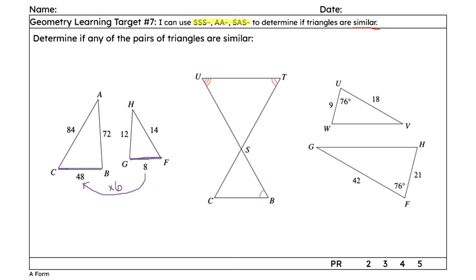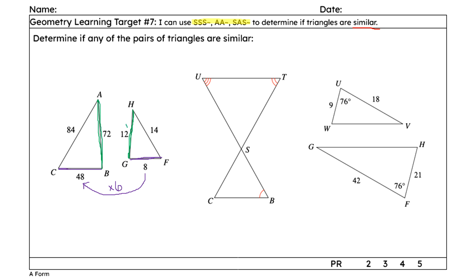I need to make sure that both other pairs of sides, the medium ones and the big ones, also follow that same scale factor of 6. So now let's go to the medium side. For 8, 14, and 12, 12 is my middle value. That's the second biggest number. And that's going to correspond to 72 here, because that's my middle number of 48, 72, and 84.